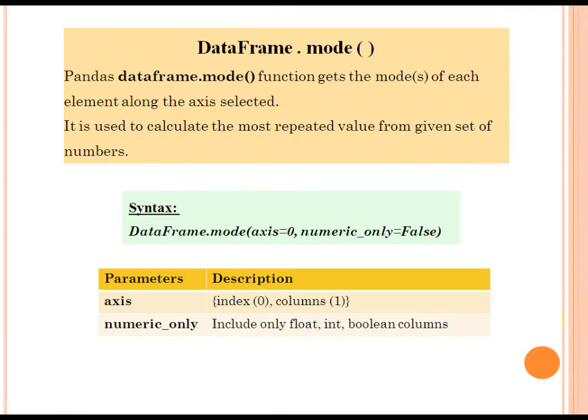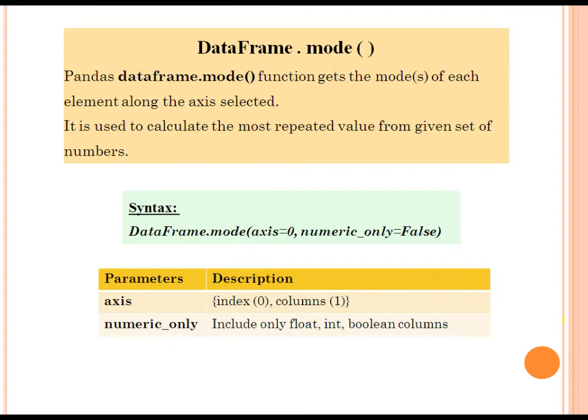So now the next method is mode. Dataframe.mode. This mode function gets the mode value of each element along the axis selected. If I select the 0 axis, it will show me the column wise. If I select the 1 axis, it will show me the row wise.